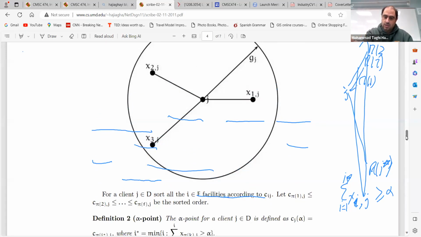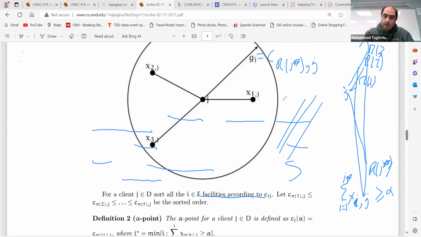Essentially here, this Gj would be, for example, equal to C i star j. So if this is the Gj, S would be everyone, including on the boundary.